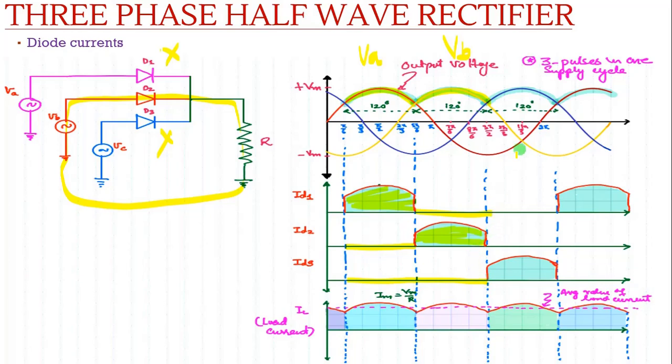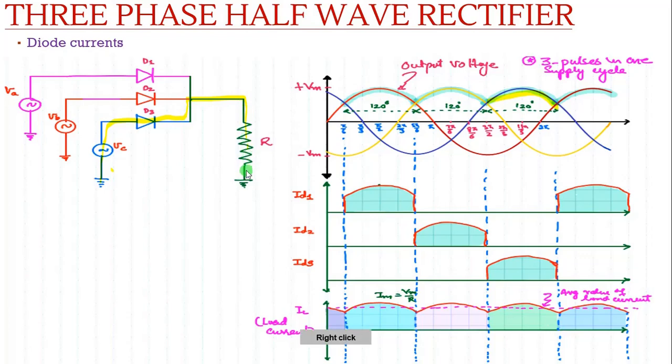Similarly, in the third case, when phase VC is more, diode D3 will be conducting, and diodes D1 and D2 will be reverse biased. So current will come only through D3, and D1 and D2 will have 0 current.